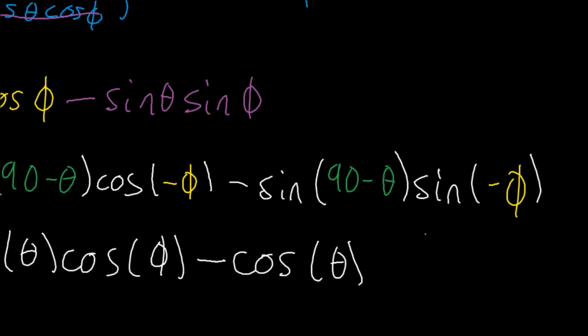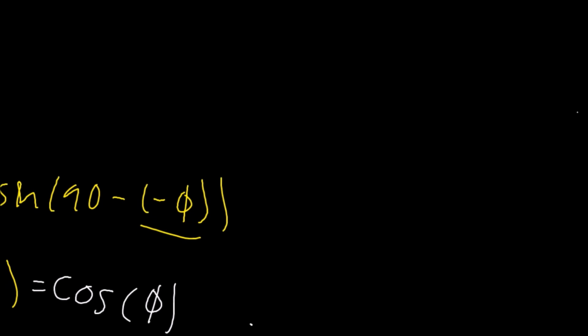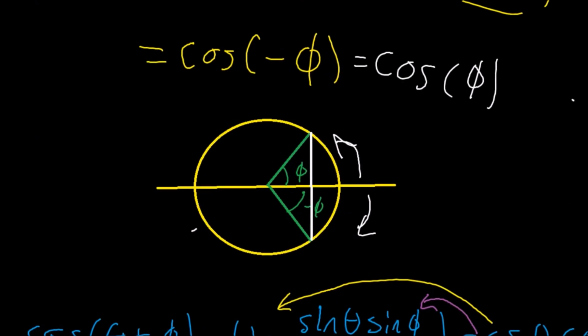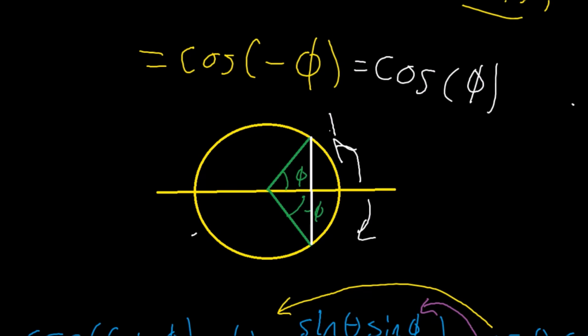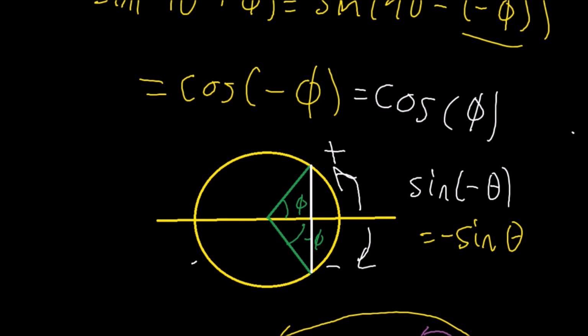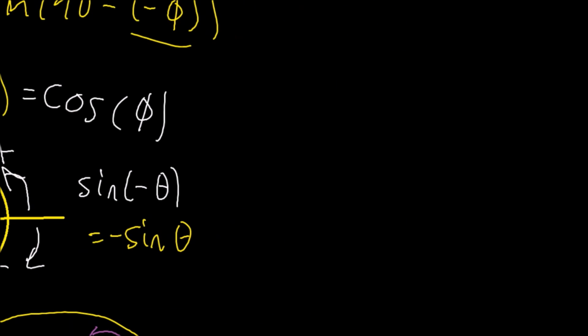Sine of minus phi, unlike when we had before in our diagram to prove the negative, the height up here is positive and the height down here is negative. So sine of minus theta equals minus sine theta. Anyone familiar with even and odd functions would know that cosine is an even function and sine is an odd function.